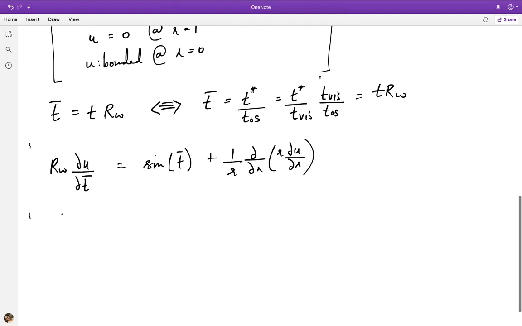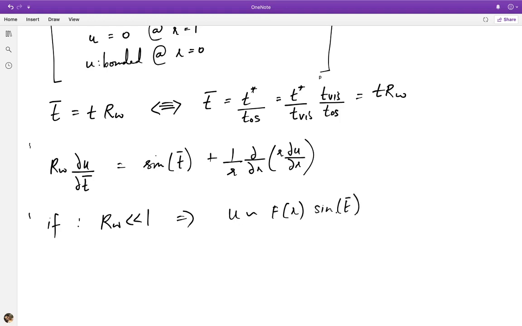Now you see that if I take the limit of rω being very small, which is the low frequency limit, I basically get that u goes as some function over r, which will be obtained once I solve the equation that survives. Basically, if I set the left hand side to 0, I'll have an equation that I can solve pretty easily. But it's clear that u will be some radial variation and it will go as sine t bar.